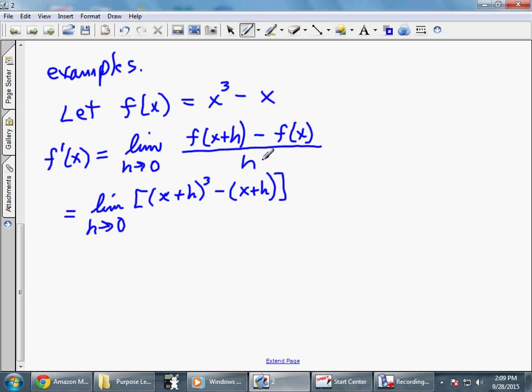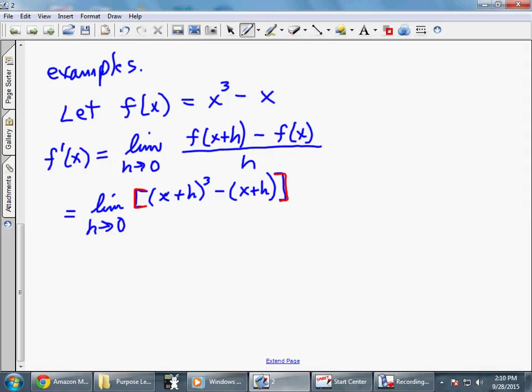Ian. I'm not sure what your question is. So if f of x equals x cubed minus x, why isn't that done x cubed minus x plus h?